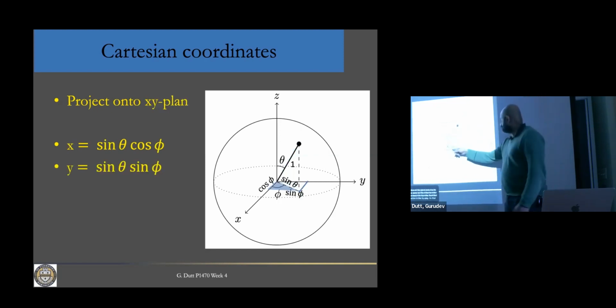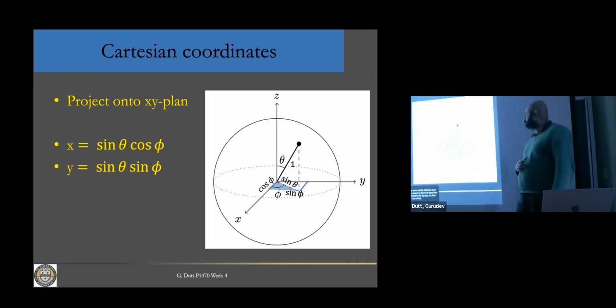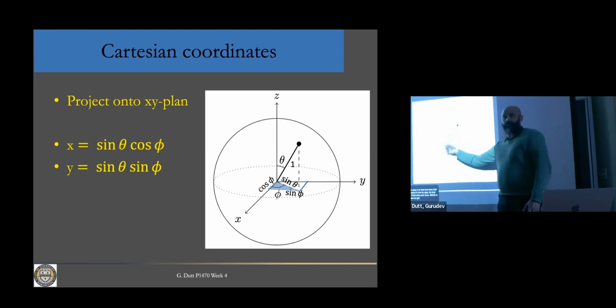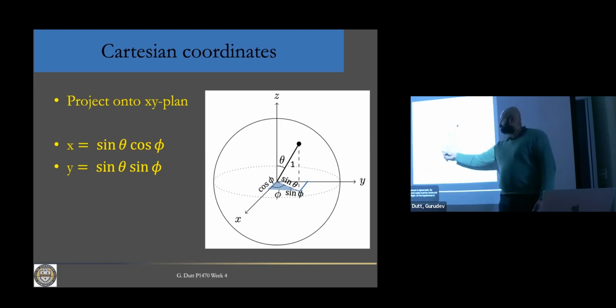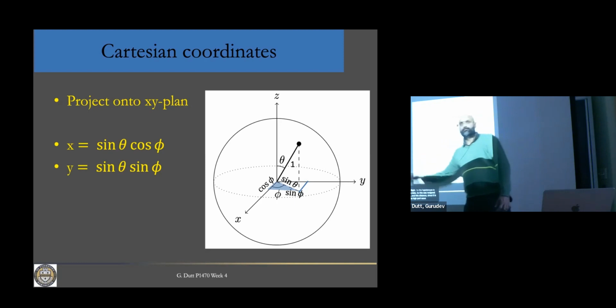So that must be this same dashed line over here, which is sine theta. And now we can project this onto the x and the y axis. Again, this angle is phi, and the hypotenuse is sine theta. So this adjacent side must be cosine phi times that hypotenuse. The hypotenuse is length sine theta, so this must be sine theta times cosine phi. And this distance, since it is sine phi relative to the hypotenuse, is sine theta sine phi.